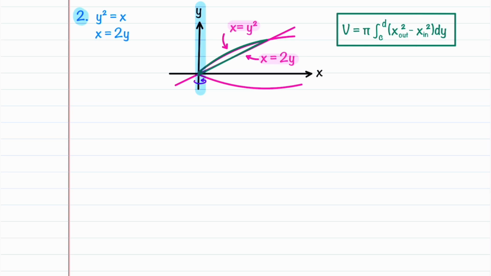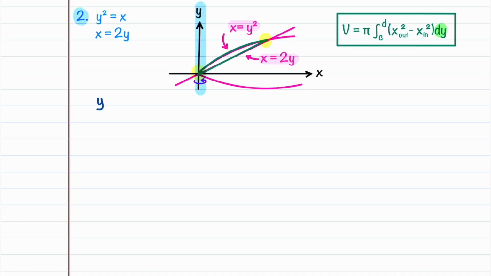Because we're revolving a region about the y-axis, we are going to integrate with respect to y, and we'll want to begin by finding our intersection points, and we want the y value for those points. We're going to find that by setting our two curves equal to each other.